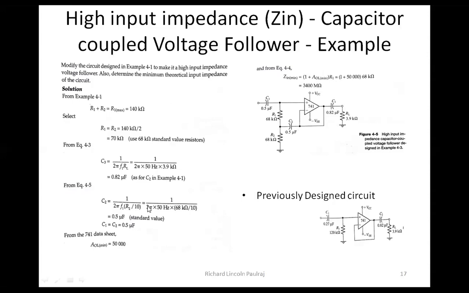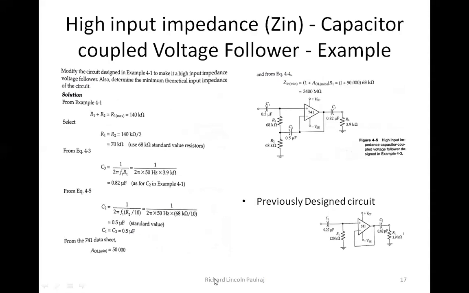Yeah, that's fine. So we are getting this 0.5. We have this condition where C1 is equal to C2. So I keep C1 as 0.5 and C2 also as 0.5. So C2 is also done.